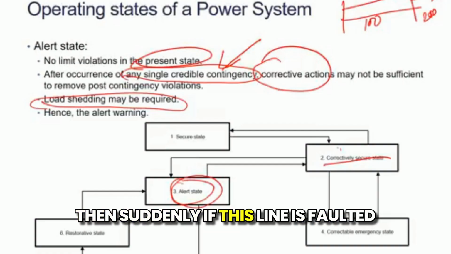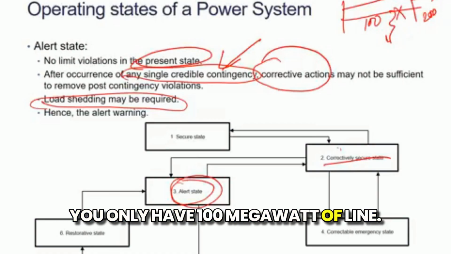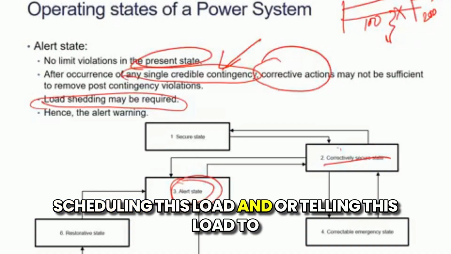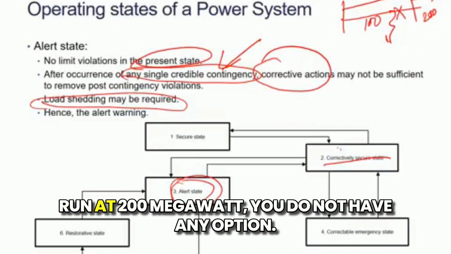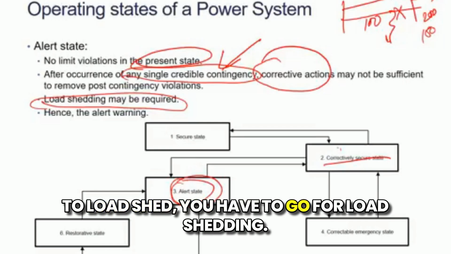Then suddenly if this line is faulted, you only have 100 megawatt of line. If you have not considered the situation while scheduling this load to run at 200 megawatt, you do not have any option. You have to shed 100 megawatt here. You have to go for load shedding.